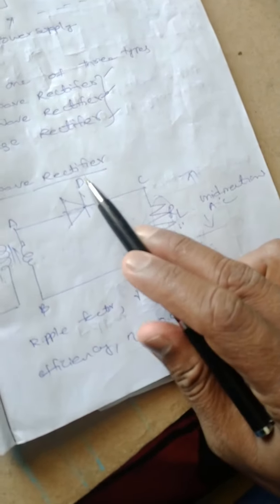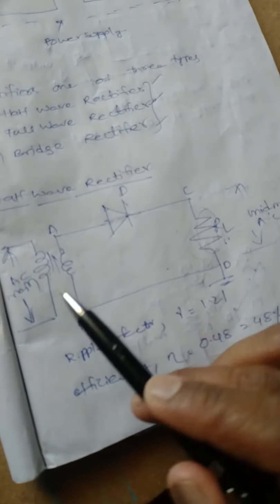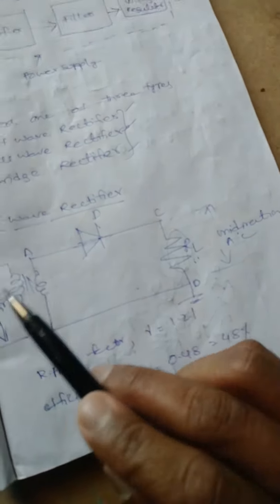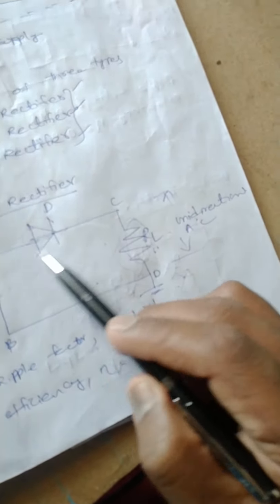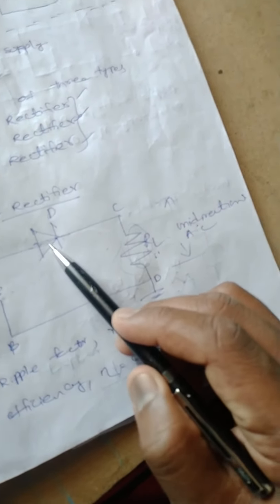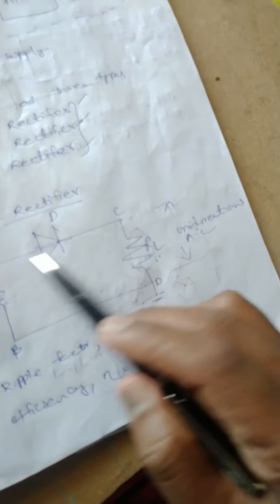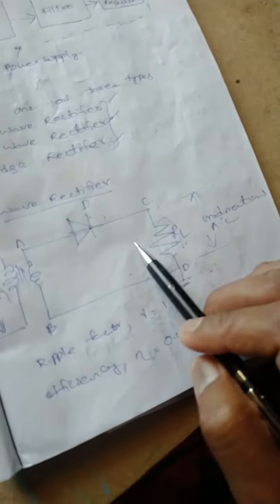For positive half cycles, diode D is forward biased. Now we'll see for negative half cycles. For negative half cycles, this diode D will be reverse biased or open circuited. Open circuited in the sense there is no connection from A to C. Once it is open circuited, there is no closed loop now.